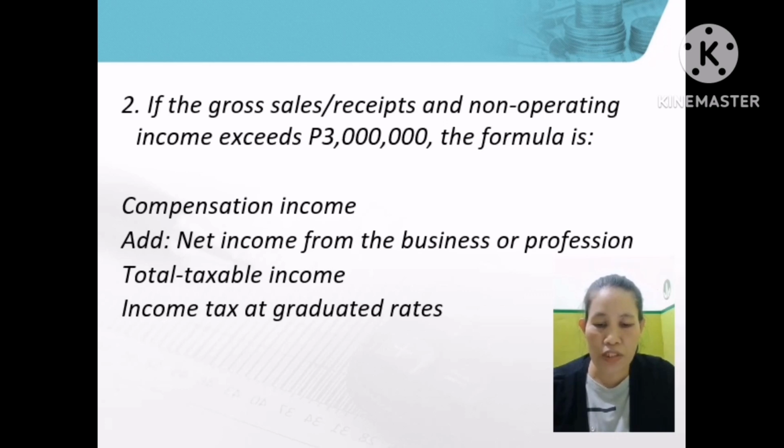And may illustration po tayo dito, yung illustration in revenue regulation for a year of Mr. M. Ayan, compensation income including 13th month pay and other benefits of 120 but net of SSS and PhilHealth is 1,500. And then yung gross sales is 2,400. Cost of sales is 1 million. Operating expenses is 600,000 and non-operating income is 100,000.